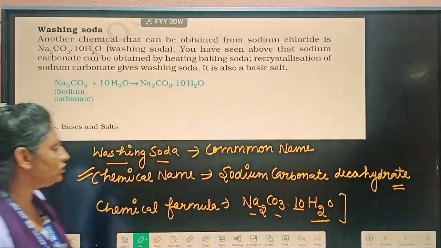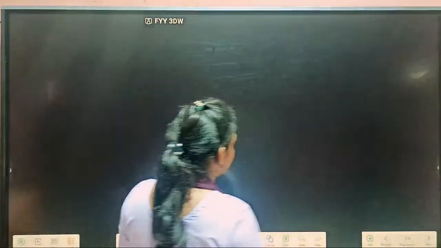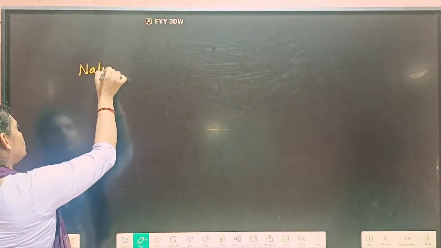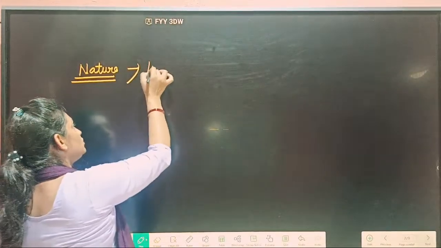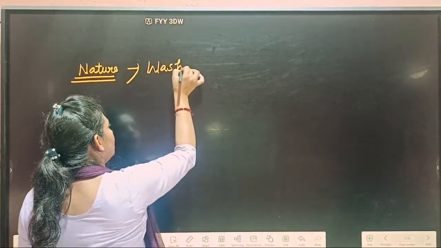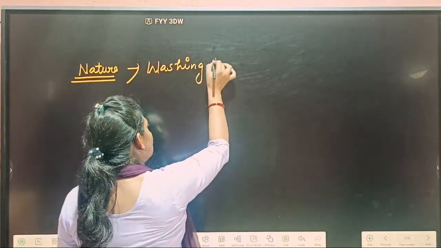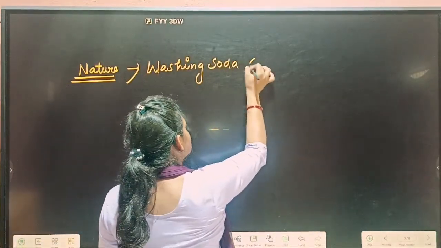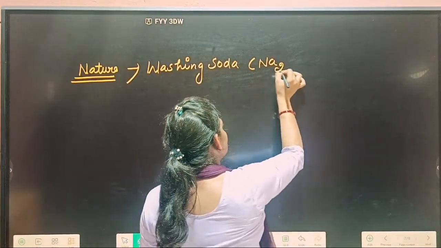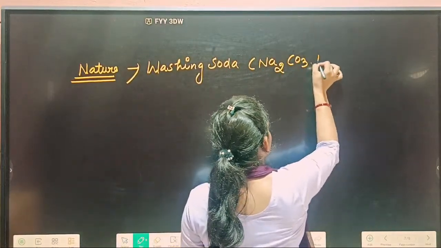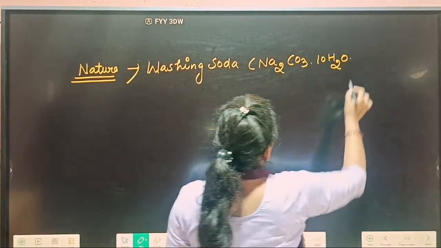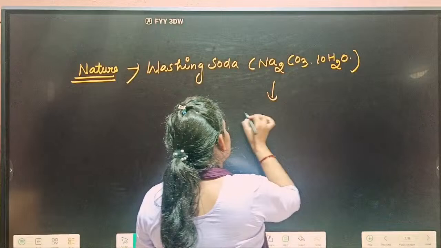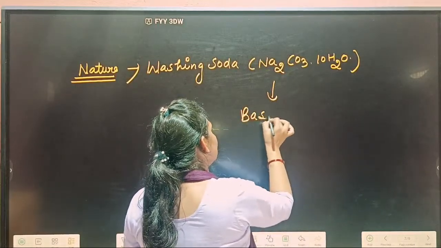We should know about its nature also. Nature means either it is acidic, basic or a salt. Students, washing soda, Na2CO3.10H2O, is basic in nature. It is alkaline.